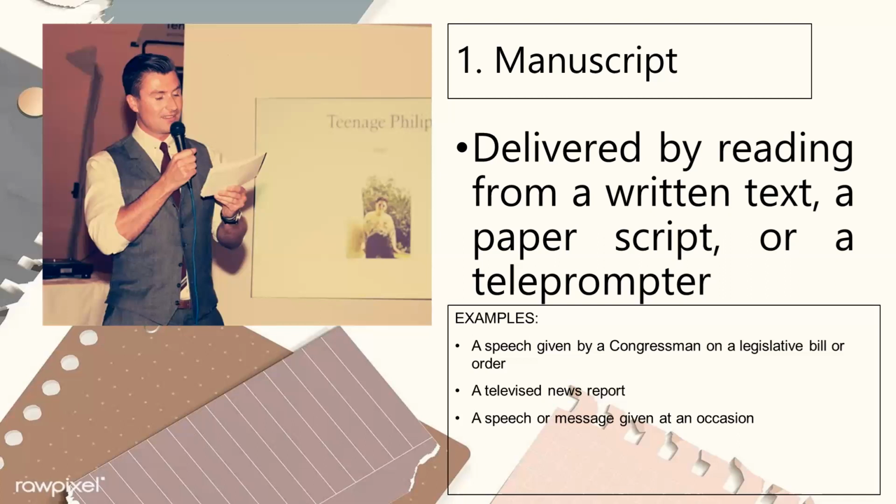For example, meron silang dala-dalang coupon bond na doon nakasulat yung sasabihin nila, especially yung mga mahiyaing magsalita, di ba, may mga mahiyaing magsalita, that is what they do. So next, a speech in honor of a well-known and revered person, especially valedictorian, di ba? They are giving a speech in the graduation. So yun ang example nito.